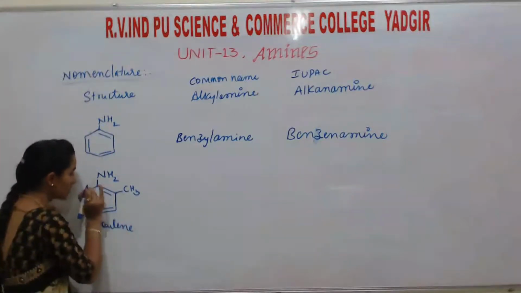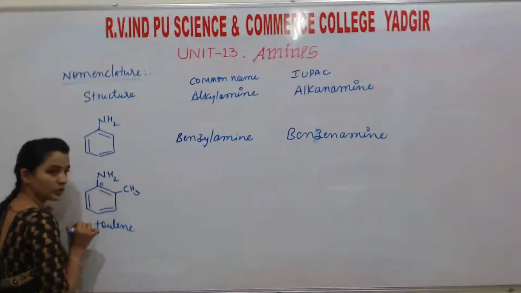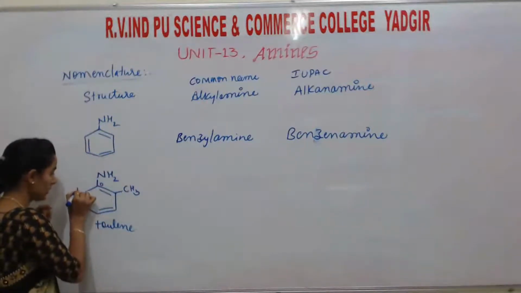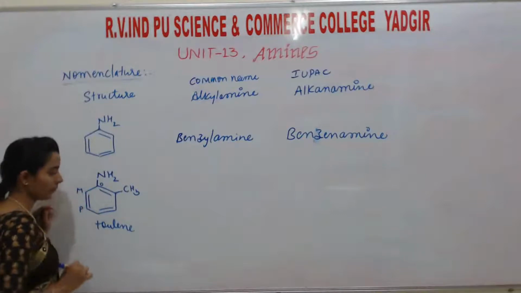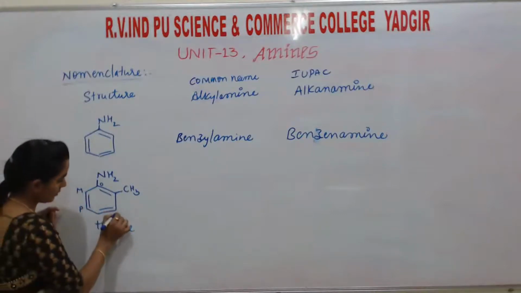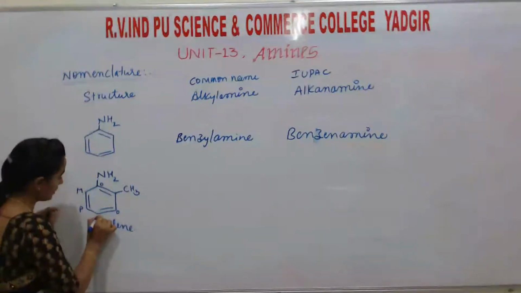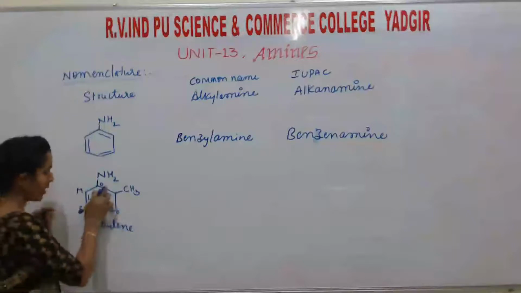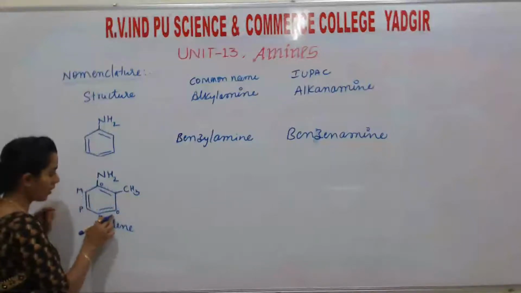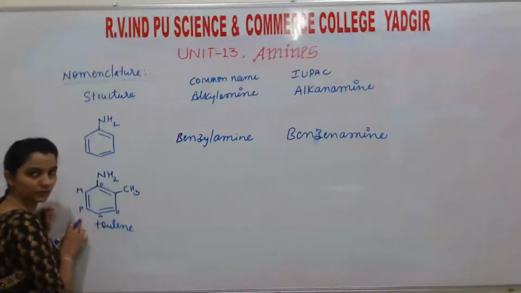With respect to this one, there is the ortho position. This is meta, this is para. Correct? So this one is ortho, this one is meta. Ortho, meta, para. Ortho, meta, para.